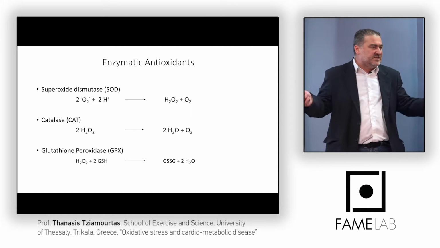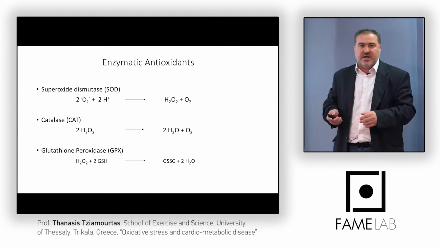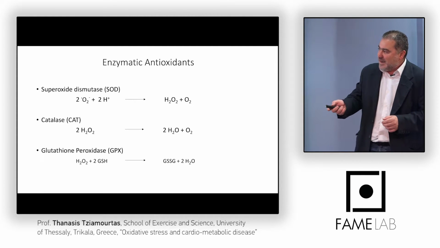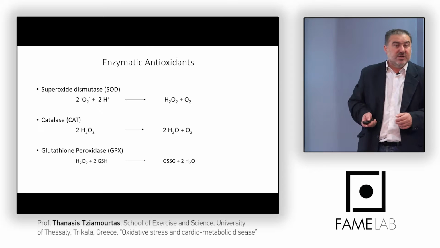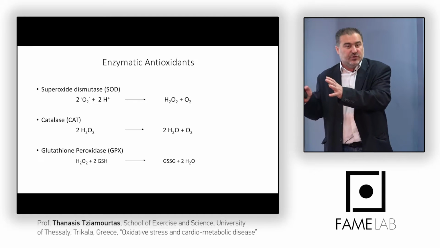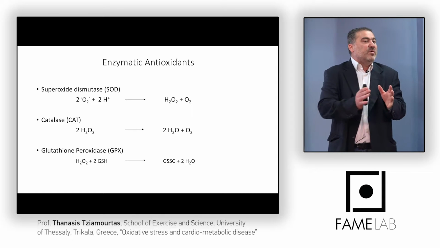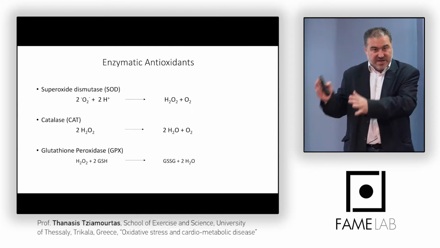So we have different enzymes in our body, antioxidant enzymes. I present here 3 of those: the superoxide dismutase, catalase, and glutathione peroxidase. In our lab we measure some of those enzymes to see whether oxidative stress is present.